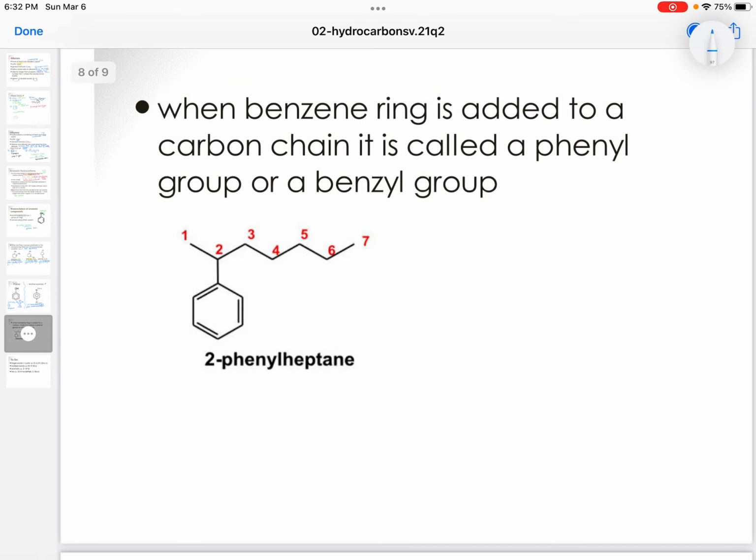Now, what happens in the rare case where you have a parent chain that is longer than benzene? So here we have hept, which is 7. So this is the parent chain now because it's longer than benzene.